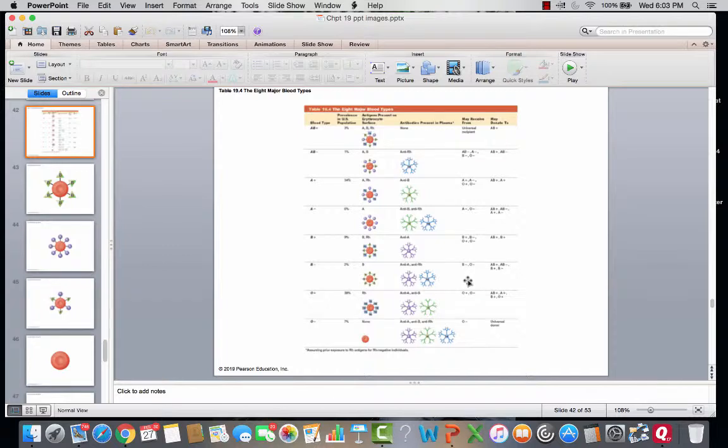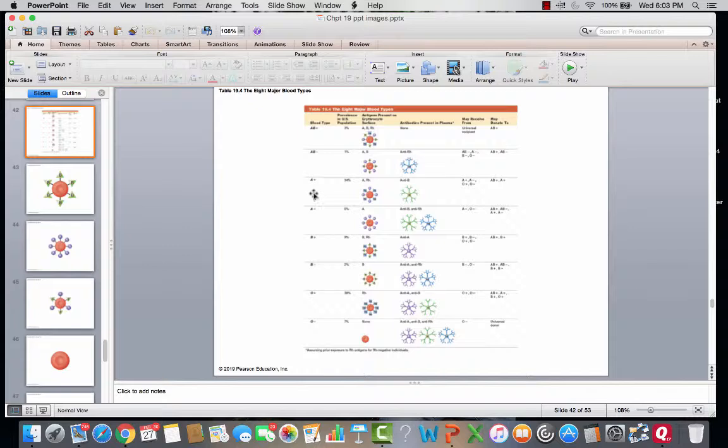When I give someone else my blood, I have to take this into consideration. I have to make sure that my antigens and antibodies match the person's blood that I'm receiving.